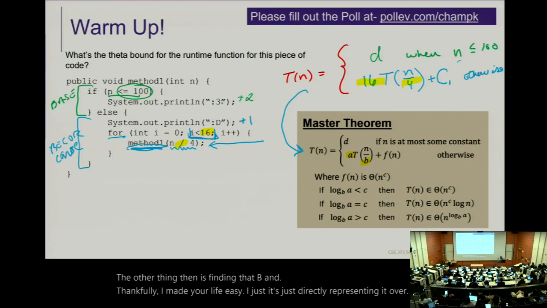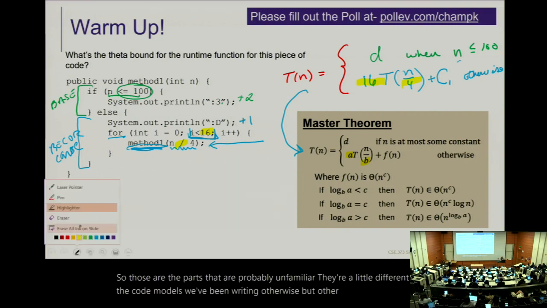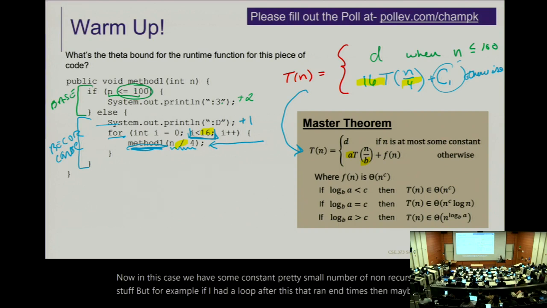So those are the parts that are probably unfamiliar. They're a little different than the code models we've been writing otherwise. But other than those 2 pieces, everything else here is just code modeling non-recursive stuff. Now, in this case, we have some constant, pretty small number of non-recursive stuff. But if I had a loop after this that ran n times, then maybe my non-recursive work would be +n.